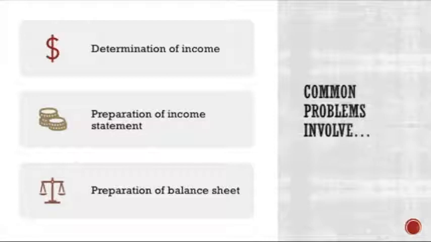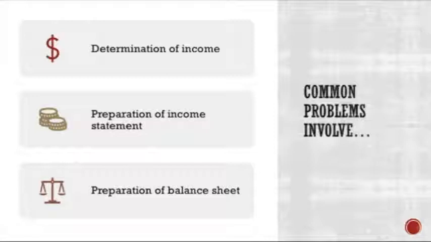Particularly for the last two, most of the time, since you have an incomplete record and you're required to file financial statements at the end of the year, you're made to prepare an income statement and balance sheet out of the incomplete records. So for purposes of this problem solving, it's important that you revisit your learnings concerning the capital account and the retained earnings account, particularly the components of those accounts.